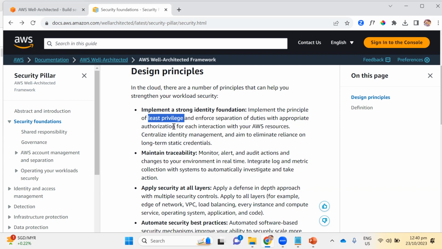Then we have, enforce separation of duties. Enforce separation of duties means it is actually not feasible to fully separate the duties because in a bank where you have the run the bank team and other things, yes, we have different shifts, different rotas and other things.